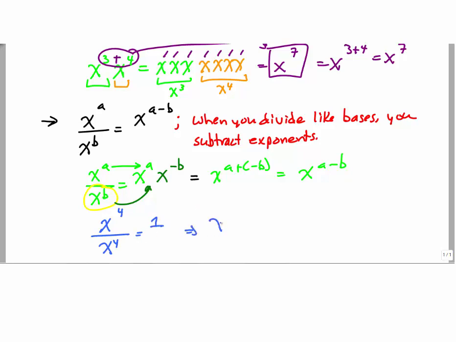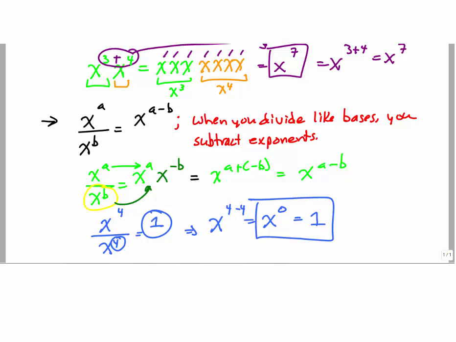And here, we also realized that when you divide like bases, you subtract the exponents, so this 4 minus 4 gives me x to the 0. We've already told you what this expression equals. It equals 1. So using the idea that anything divided by itself is 1, and then dividing like bases by subtracting exponents, helps us define that anything to the 0 power is 1.